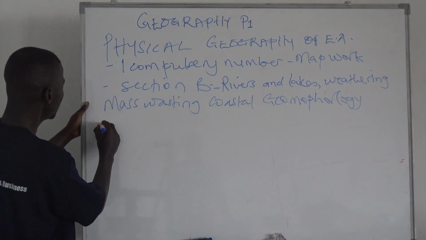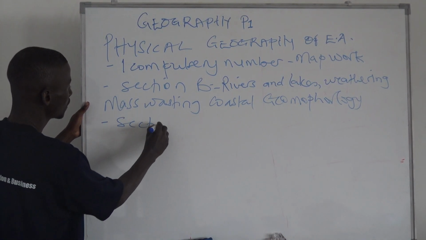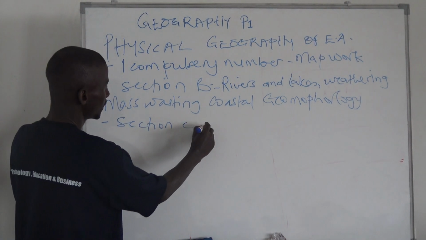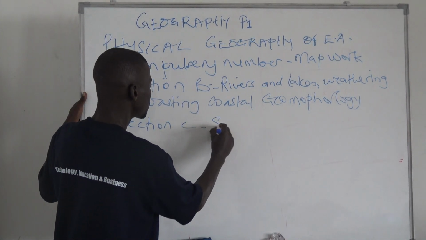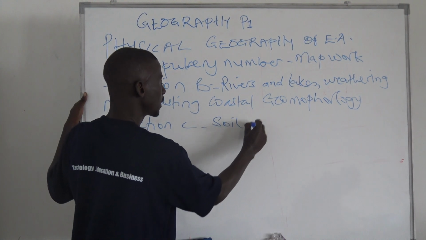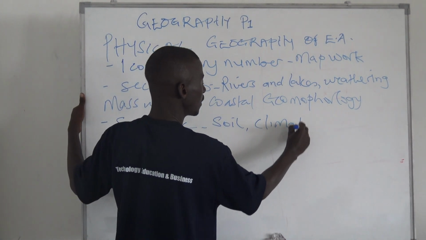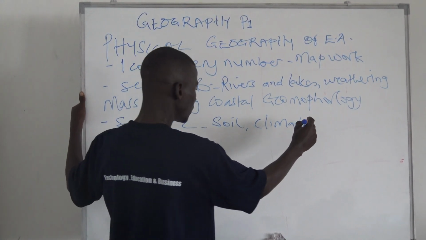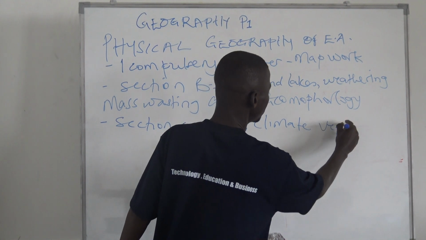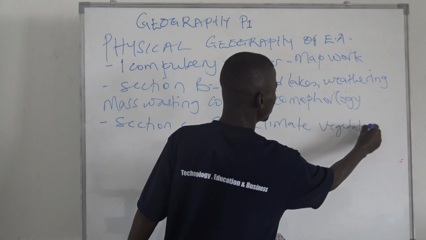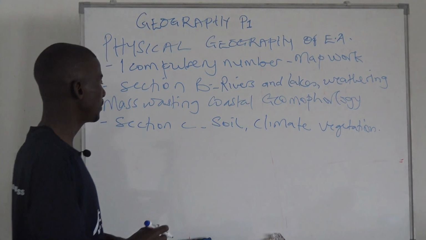Then section C comprised of soil, climate, and vegetation. So that's how the paper is arranged.